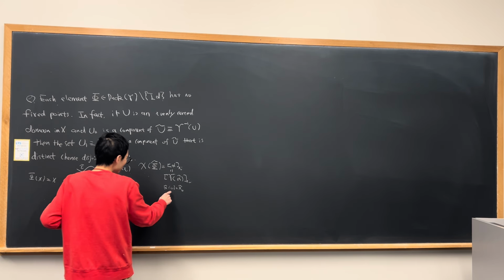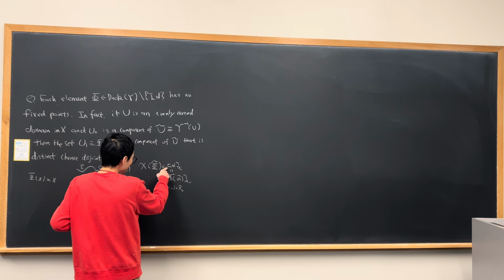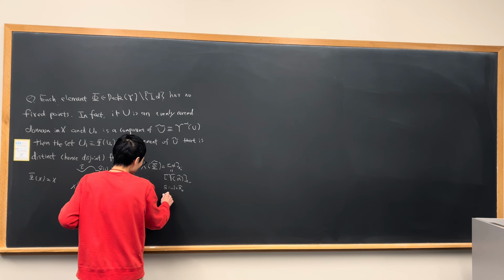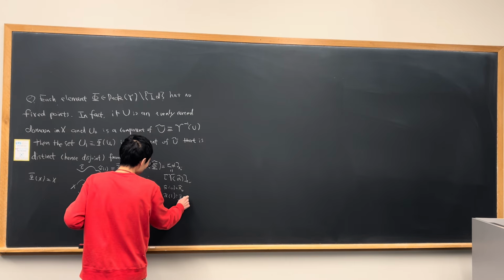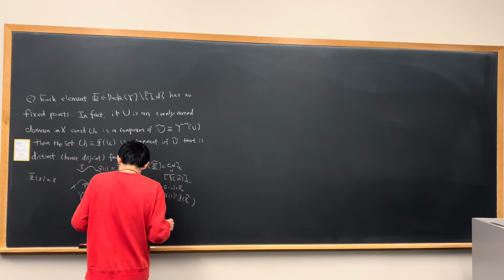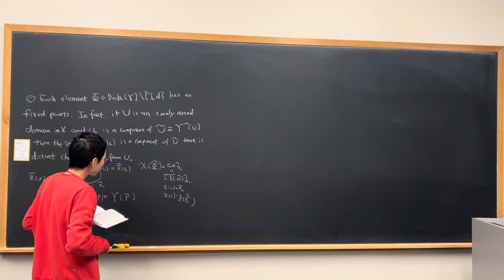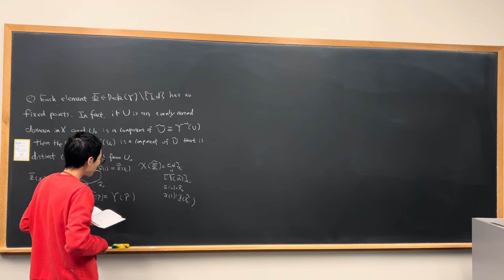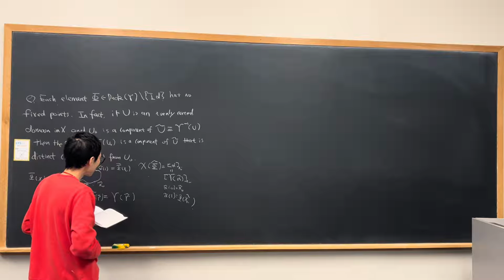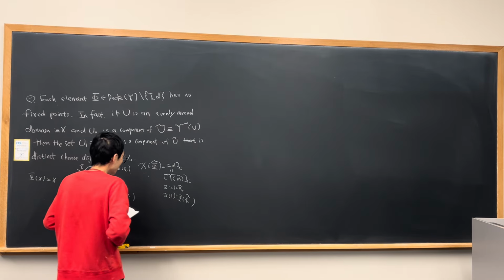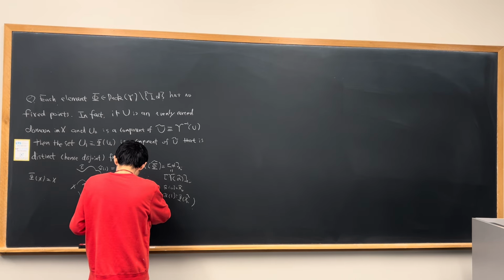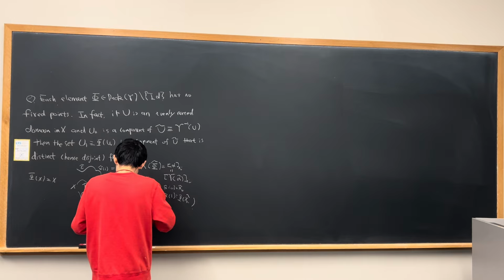This alpha tilde is a lift of alpha, with alpha tilde of 0 equal to x naught tilde and alpha tilde of 1 equal to phi tilde of x naught tilde. By the unique lifting property, it is the lift of the path in X tilde with alpha 0 equal to x naught tilde.